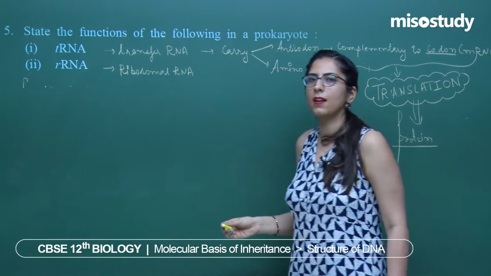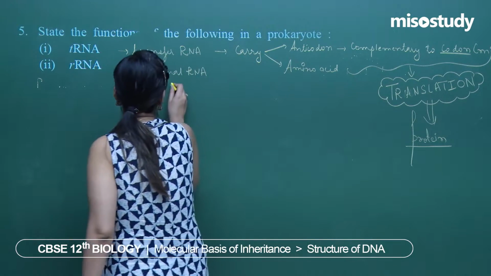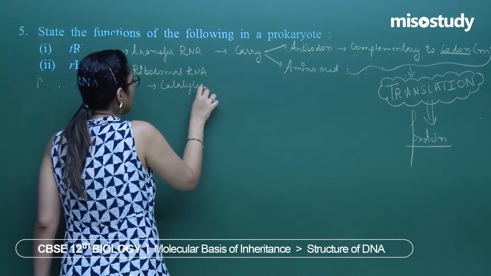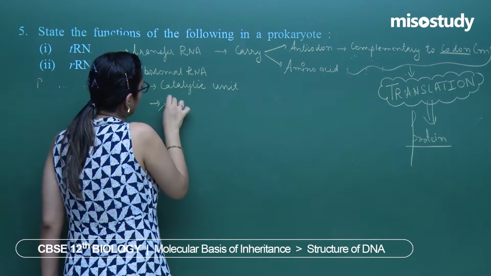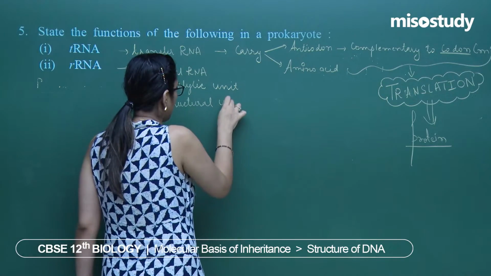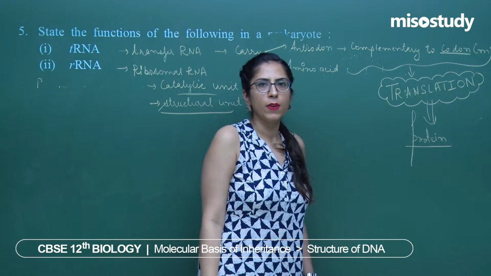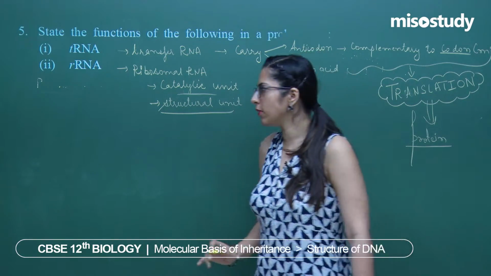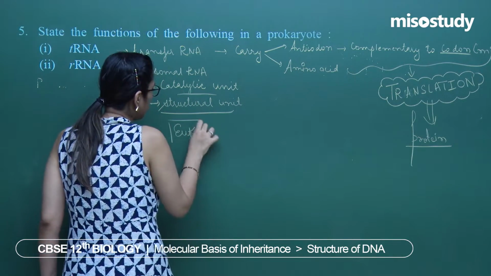Now just come back to rRNA, that is ribosomal RNA. Ribosomal RNA has two functions. One is that it acts as a catalytic unit, and second, it acts as a structural unit. Hope you remember the translation process, where I discussed that first of all the smaller subunit of the ribosome comes.